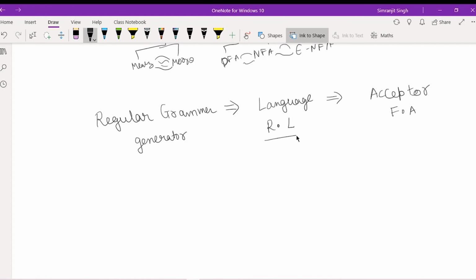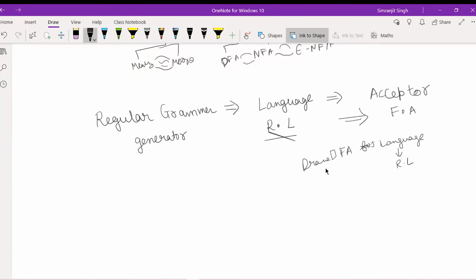Now, what is a regular language? A regular language is a language for which a particular DFA, NFA, or epsilon NFA can be designed. Suppose you are able to draw a DFA for a particular language, whatever it is, then that language is called a regular language.